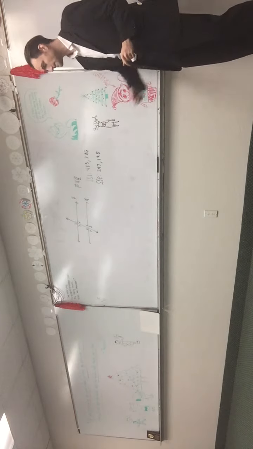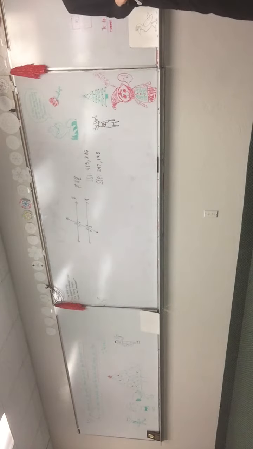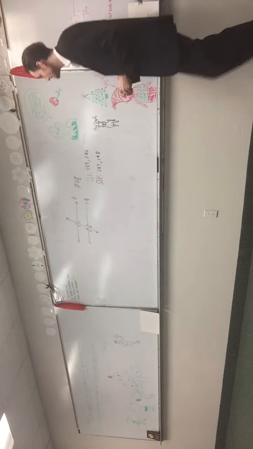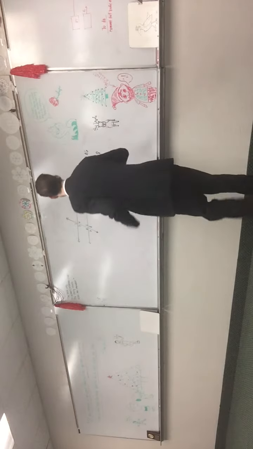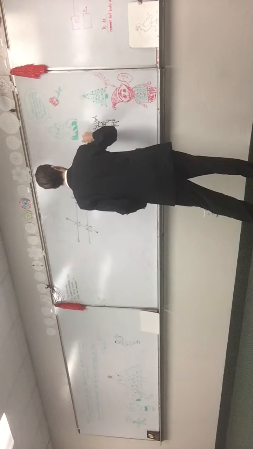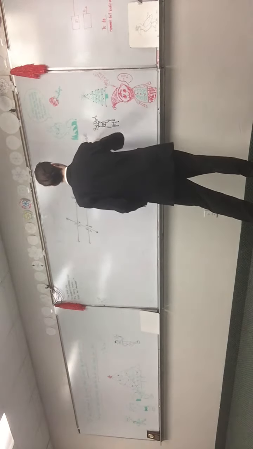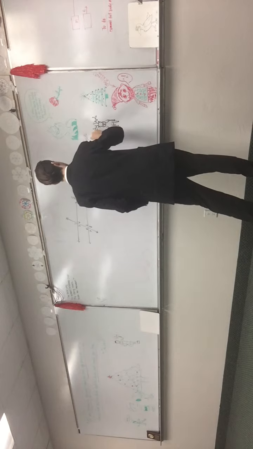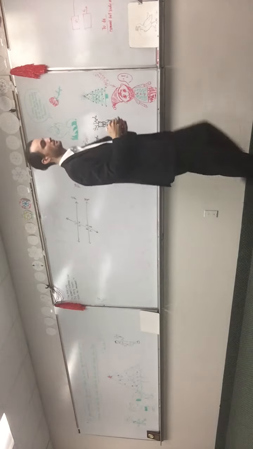So both the same side interior and exterior are supplementary. So same side interior and same side exterior angles are congruent, right? No, they're not congruent. Same side interior and same side exterior are supplementary angles.